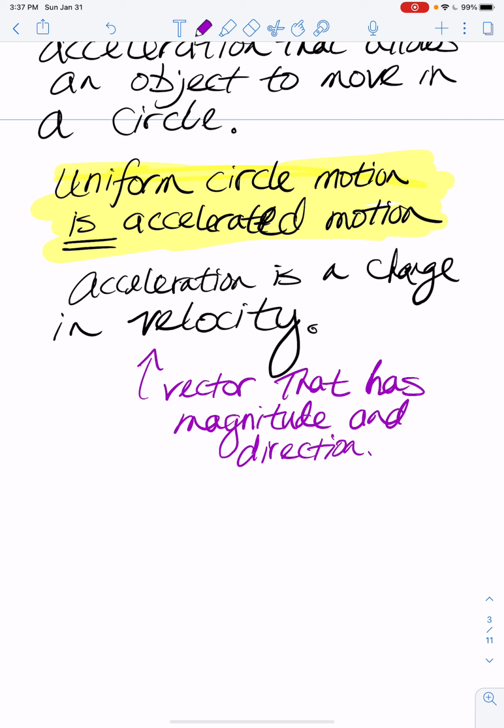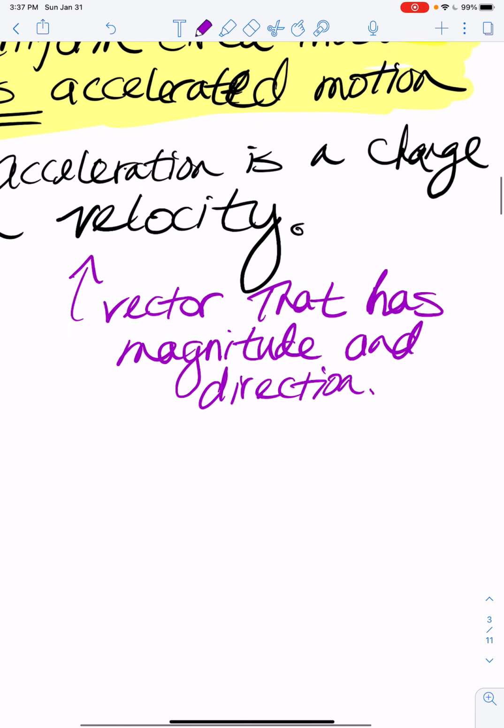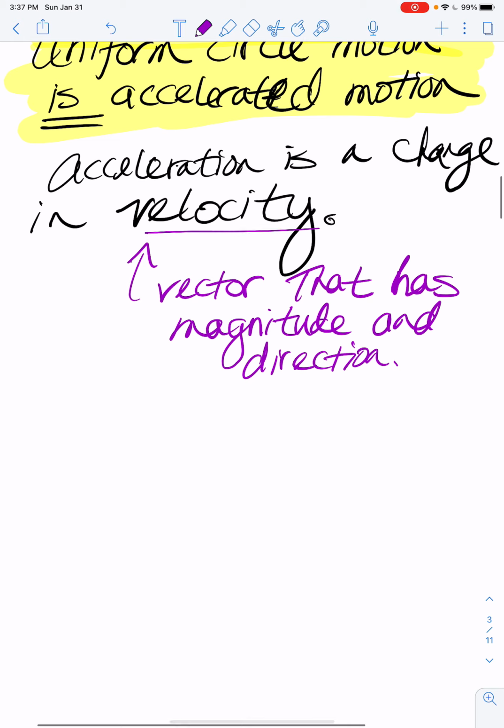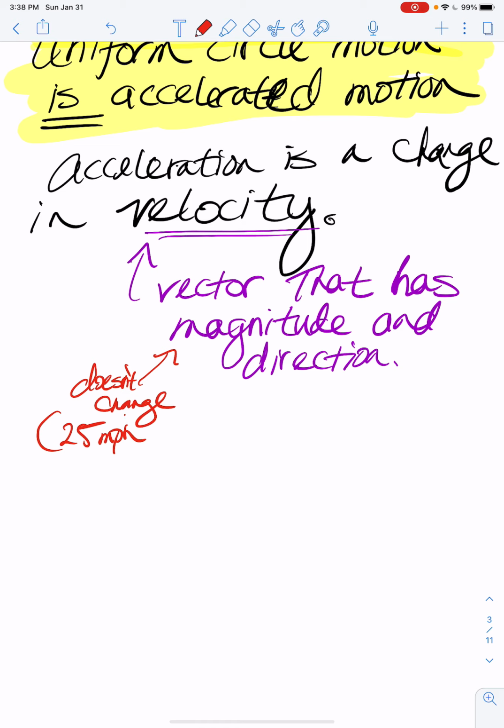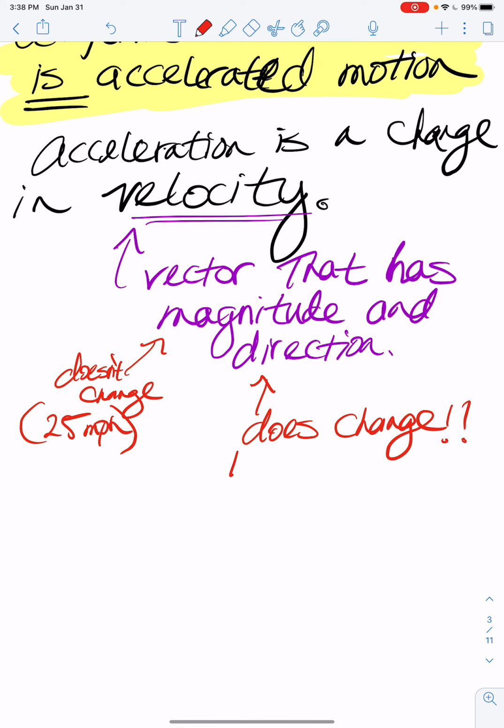And you would be right to say that your velocity isn't changing its magnitude, it's 25 miles per hour the entire time. So the magnitude doesn't change. But the direction does. And this is why this is accelerated motion. Let me write that.